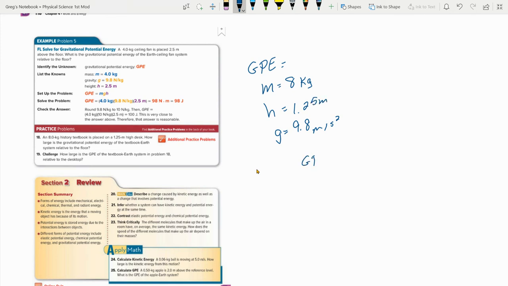So gravitational potential energy equals mass times height times gravity, or 8 times 1.25 times 9.8. And there you would go. That's how we would get our GPE. That's it. I hope this helps you, and good luck.